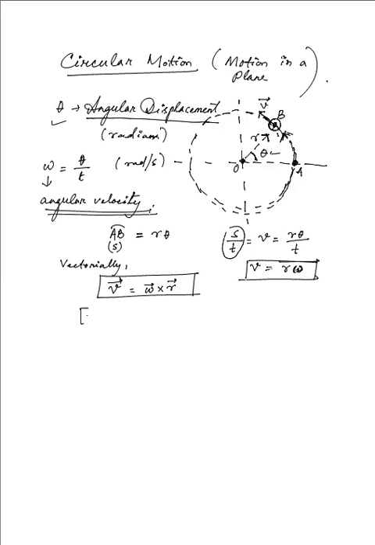Now, the angular speed or angular velocity omega, because it is theta by t, with theta being dimensionless, that is just left out, so this is just t inverse. Now remember, t inverse is the dimension for frequency as well.